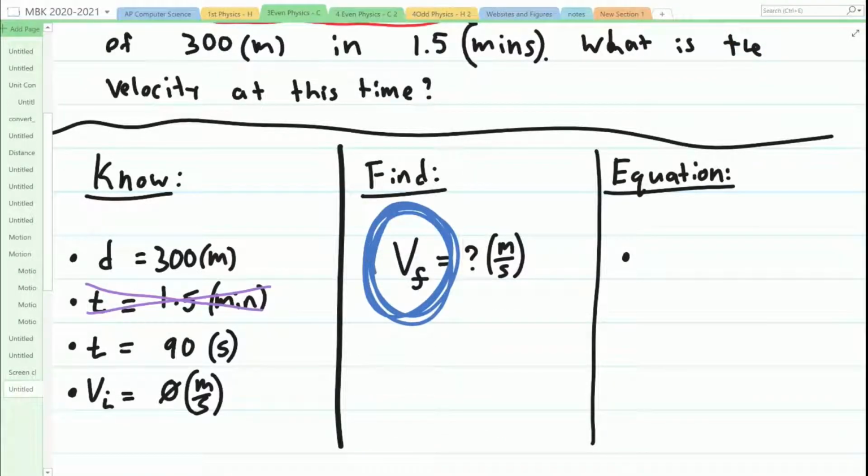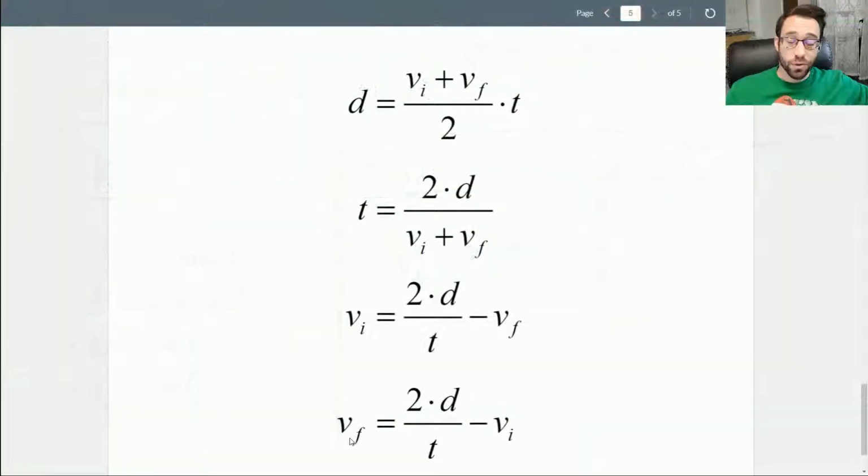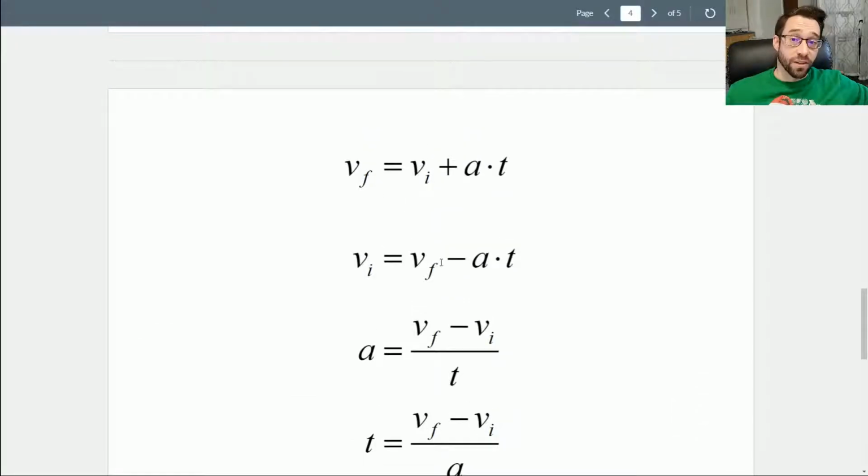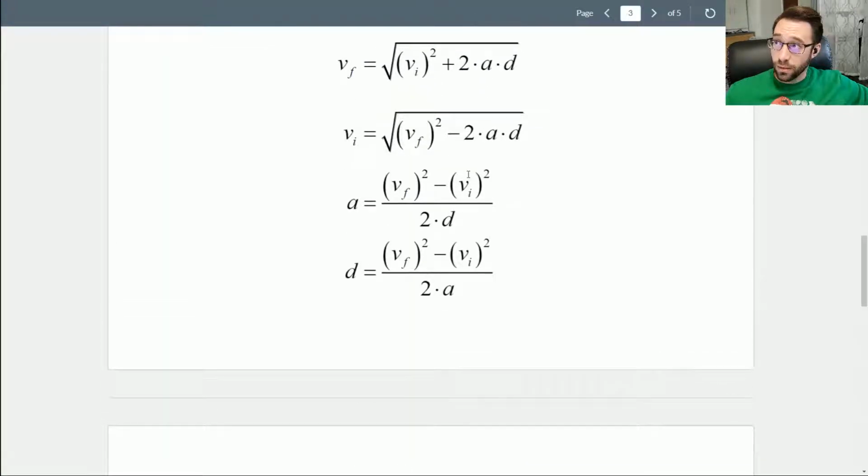The variable that we're solving for is the final velocity, so I look for an equation that has final velocity in it. Even if you don't know which equation to use, because I've already done the algebra for you, you can scroll through and look for equations that are V sub F equals. This one has acceleration, so I can't use that.